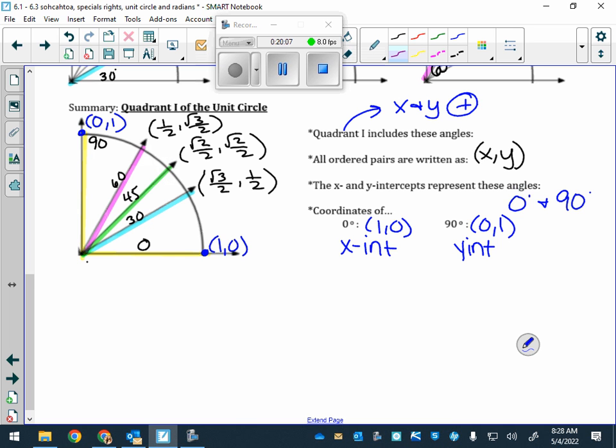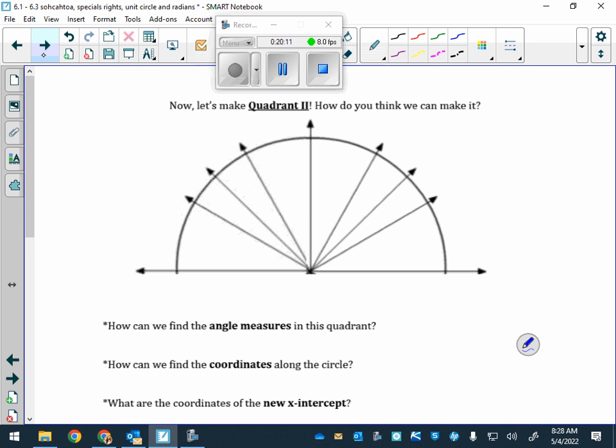So if we continue to do this in quadrant 2, what are we going to notice in terms of x and y? Good. The x would be negative and y would be positive.